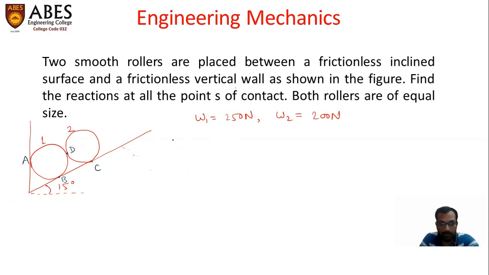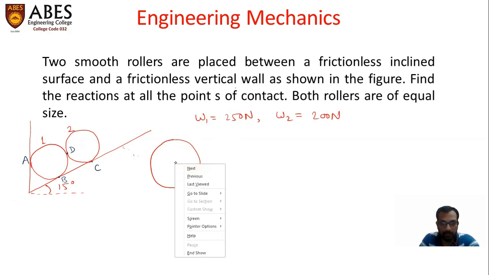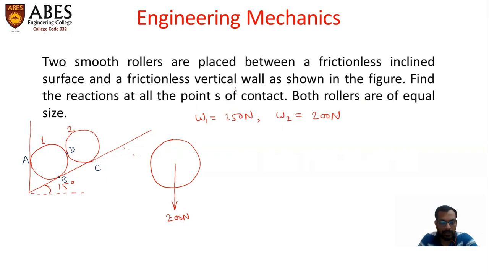Suppose this is the second roller. And let's draw the free body diagram. First of all, we will show the weight of this roller. The weight of this roller is 200 newtons. Now let's draw the reaction at point C. Point C will be somewhere here, and the reaction will be going like this.